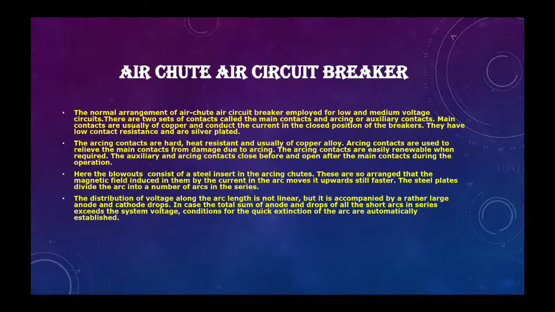The distribution of voltage along the arc length is not linear, but it is accompanied by a rather large anode and cathode drop. In case the total sum of anode and cathode drops of all the short arcs in series exceeds the system voltage, conditions for the quick extinction of the arc are automatically established.